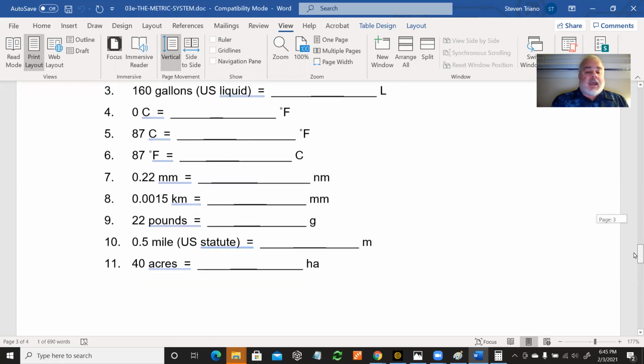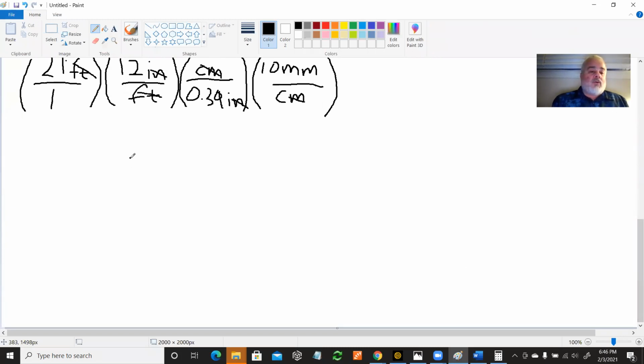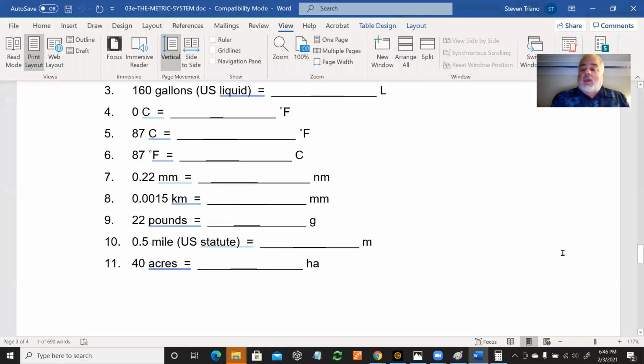Let's say I have 40 acres equals how many hectares? All right. 40 acres. And I want to convert this to hectares. What do I do? I write it over 1, and then I multiply times some version of 1.